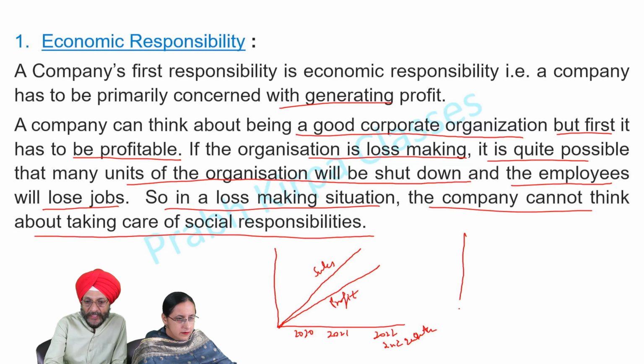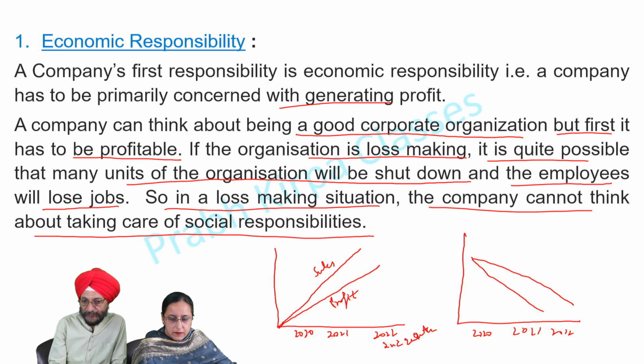But if the sales of the organization are continuously decreasing year by year, or its profits are also decreasing year on year, then when its own existence is at stake, such type of organization cannot even think of discharging its social responsibility.